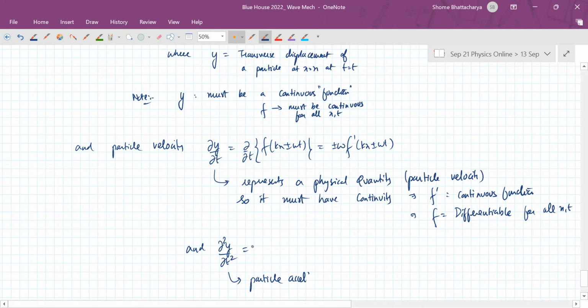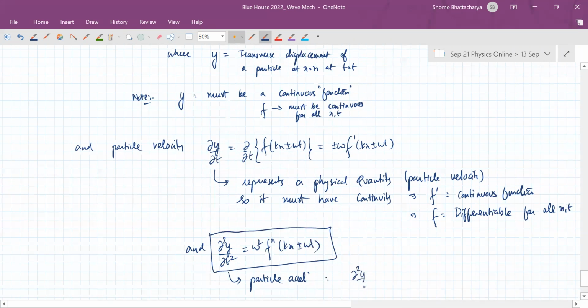So it is omega square f double prime of kx plus minus omega t. Because this represents particle acceleration, which is a physical quantity, del 2y by del t square, or f double prime, must also be continuous.